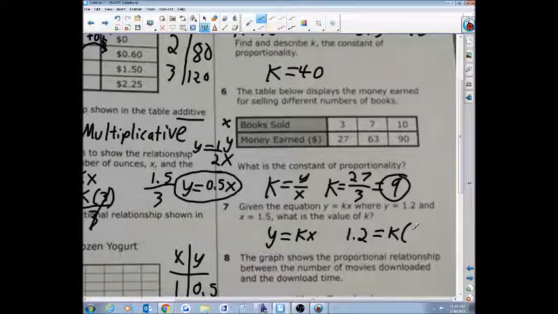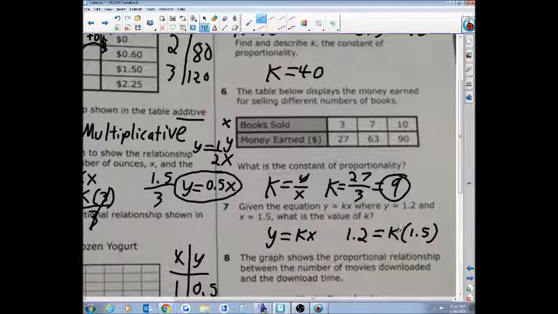So k times 1.5. Okay, now I just substituted using that formula.